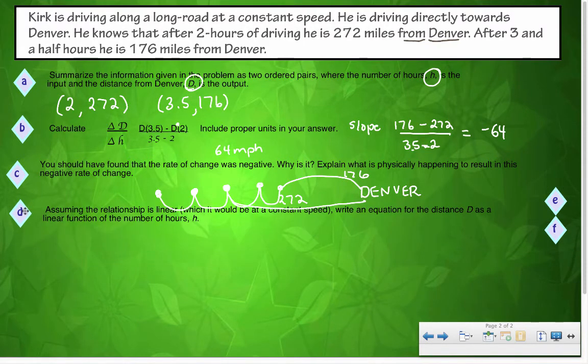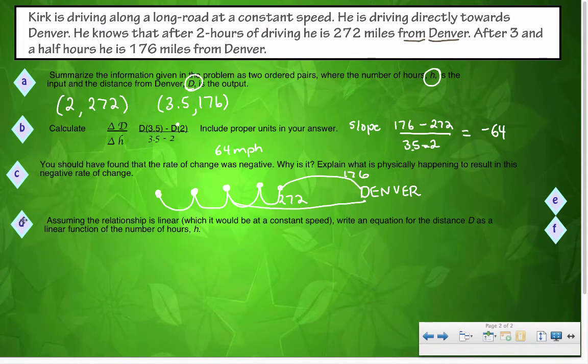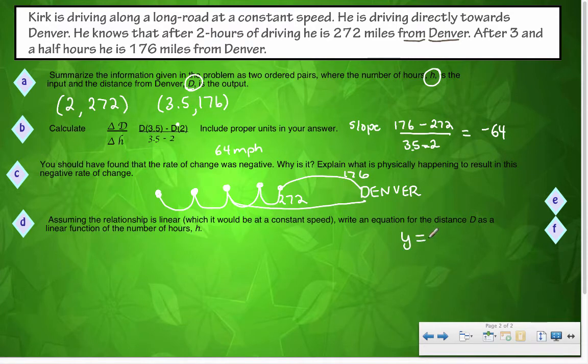Now we're going to write an equation, and this equation is going to be a little tough. So hang with me. We know a line is y equals mx plus b. Except in this case, we're not using y. It told us our output is d. Our distance equals our slope.